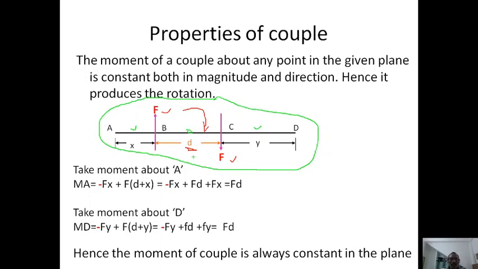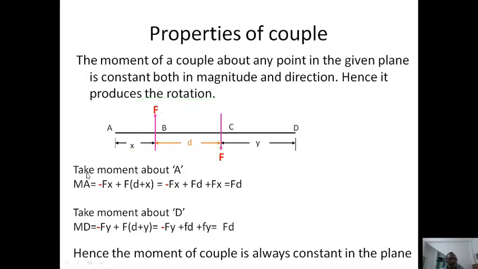What is the moment of the couple? Yeah, force into perpendicular distance. Therefore M is equal to F into d. So at any point the same magnitude of the couple should be maintained. So for this you have to take the moments at the point.